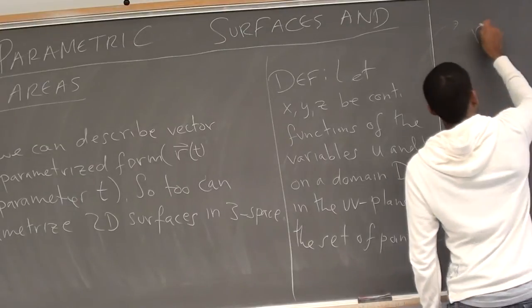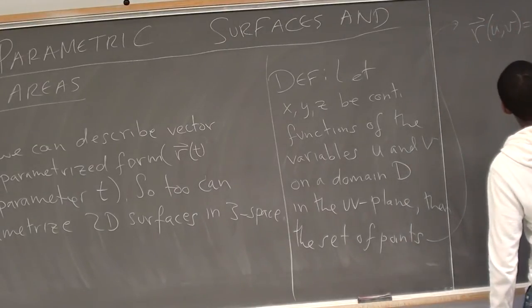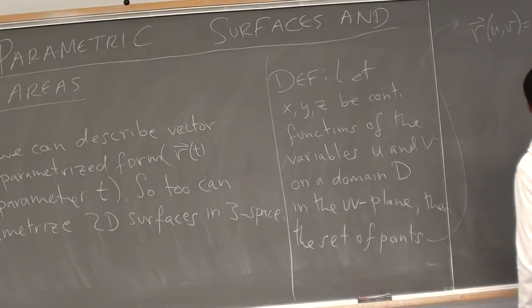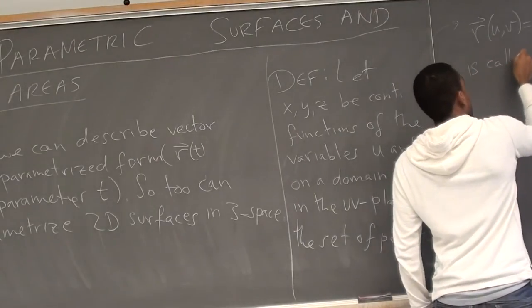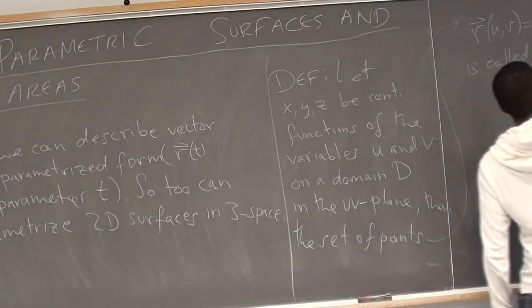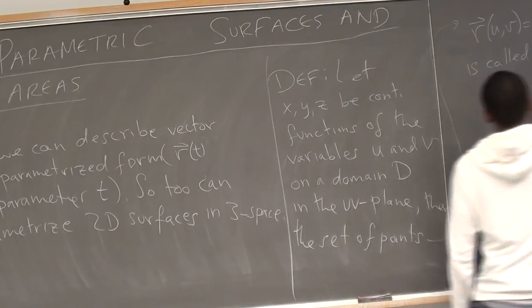You say r of u comma v is equal to these functions: x of u,v comma y of u,v comma z of u,v. This is called a parametric surface.